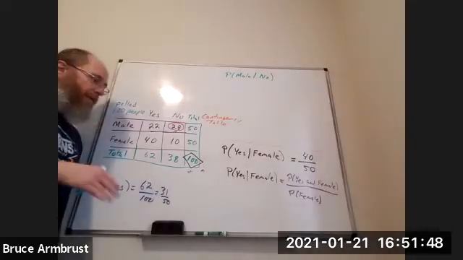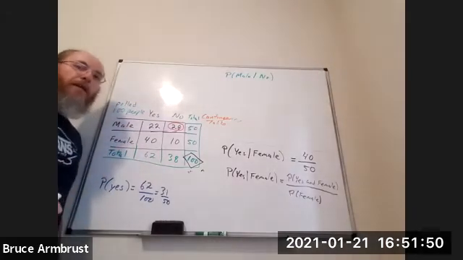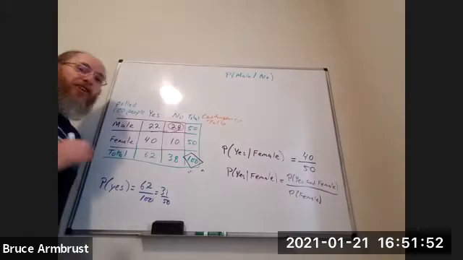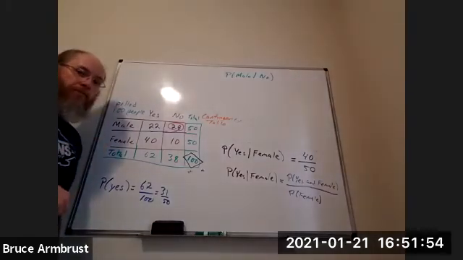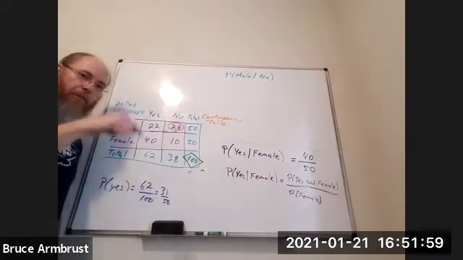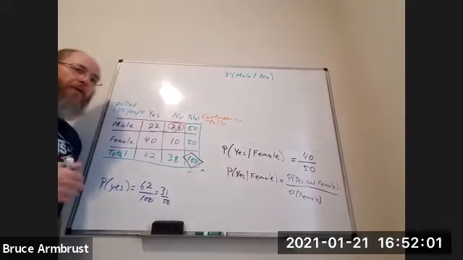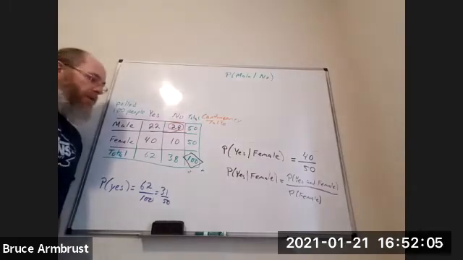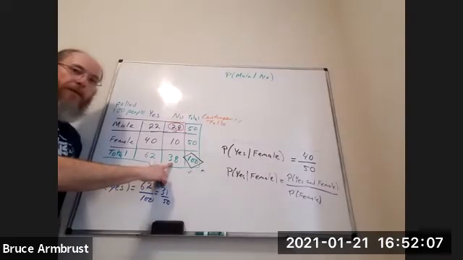All right, so again, I'm not looking at all of the people. I'm only looking at those that said no. So what's the denominator going to be? What's the bottom of this fraction going to be? How many people said no? Good, it's 38. There were 38 people that said no.